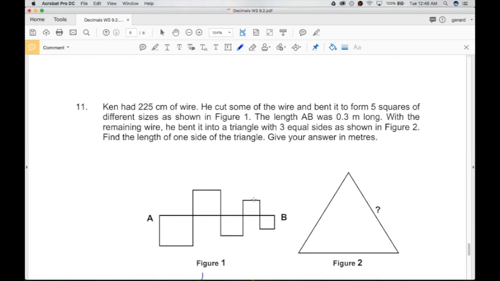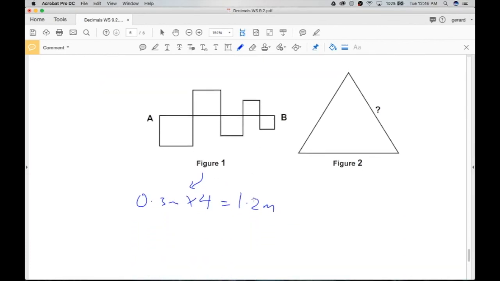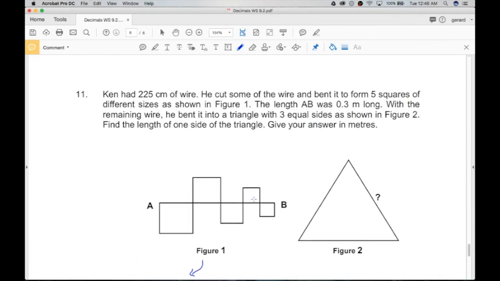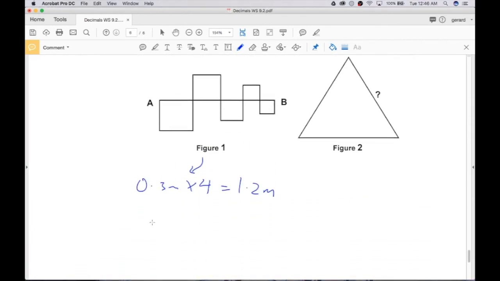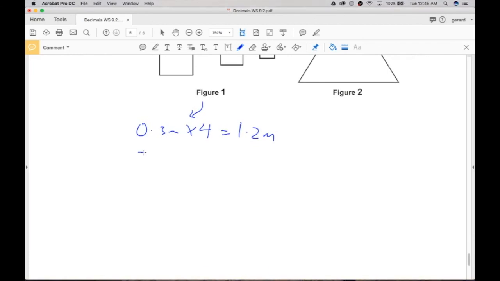So they want you to find the length of one side of the triangle. We know figure 1 now is 1.2 meters, and Ken had 225 cm of wire. So you want to find how much wire he used for figure 2. You have to use 225 cm minus what's in figure 1.